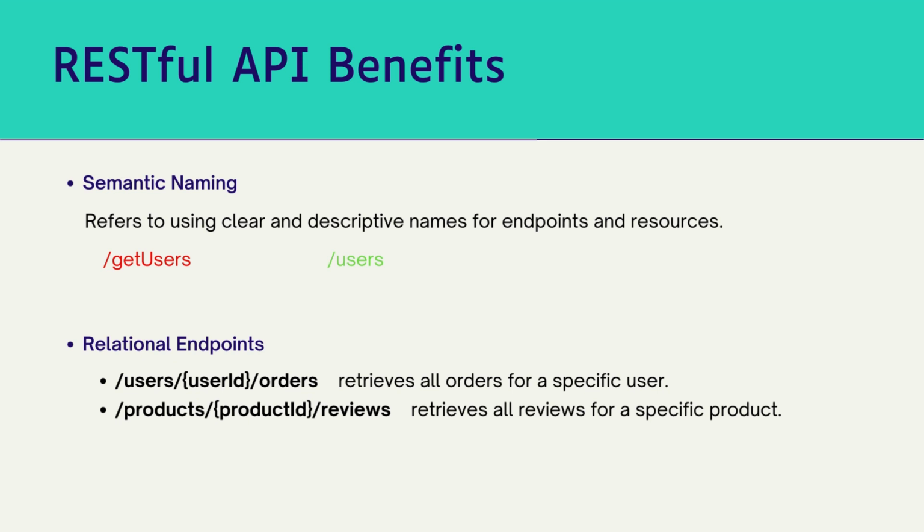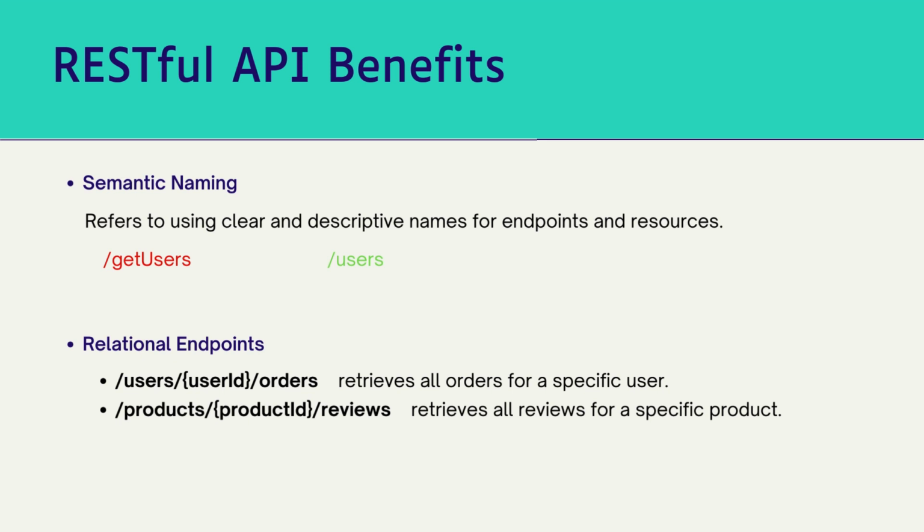For example, instead of using generic names like get users, RESTful APIs use more descriptive names like /users for retrieving a list of users. Semantic naming follows standard conventions, making it easier for developers to understand and use the API without extensive documentation. Of course, we will prepare documentation.